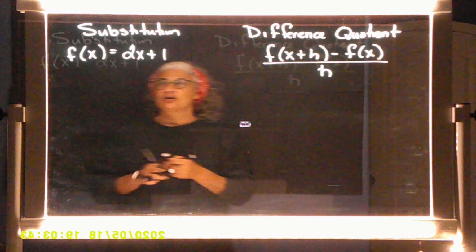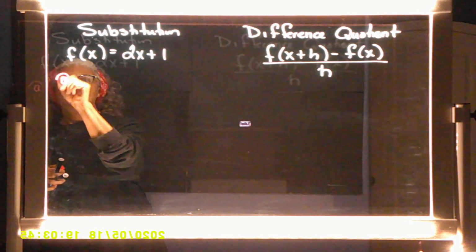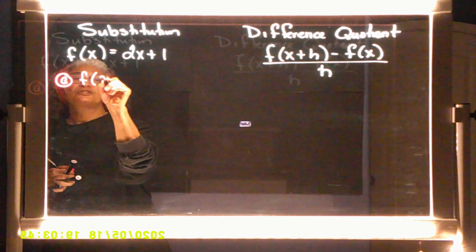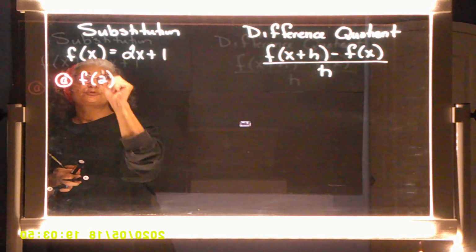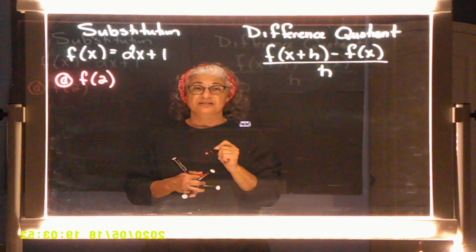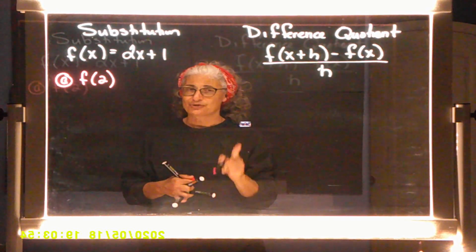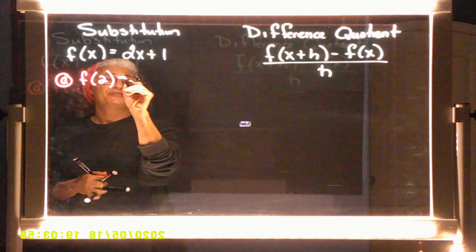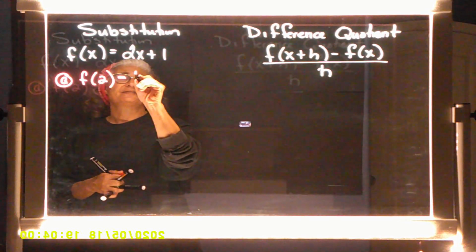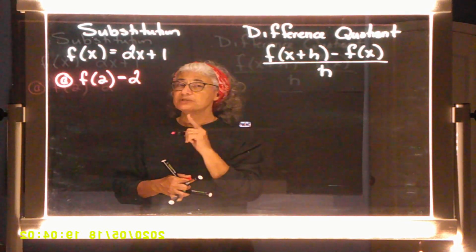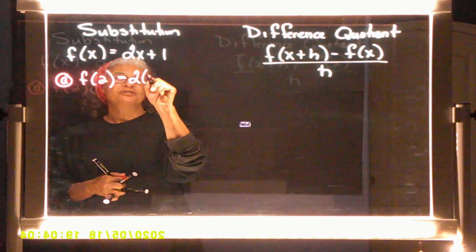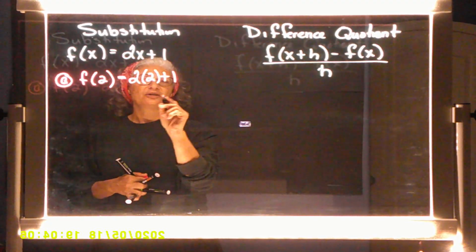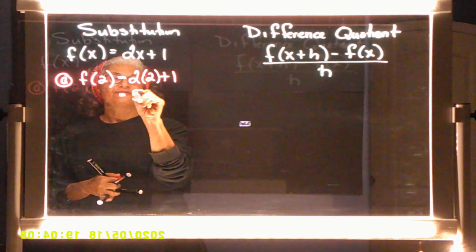Good. So if over here I wanted to find f of 2, notice the x was replaced by the 2, wasn't it? Which basically tells you that x now equals 2. Which means over here on this side of the equal sign, instead of saying 2 times x, you would say, good, 2 times 2 plus 1, which would give you 5.